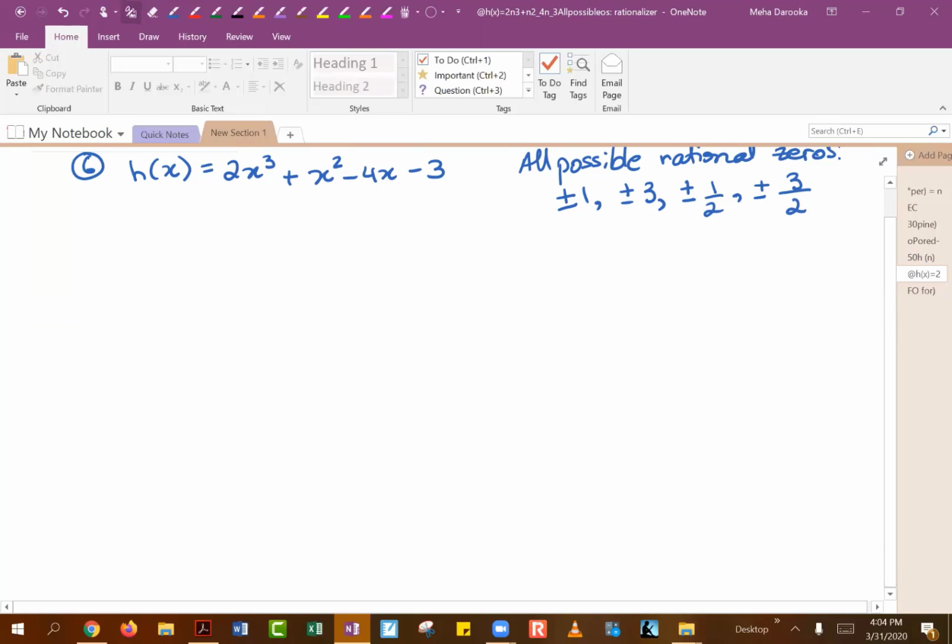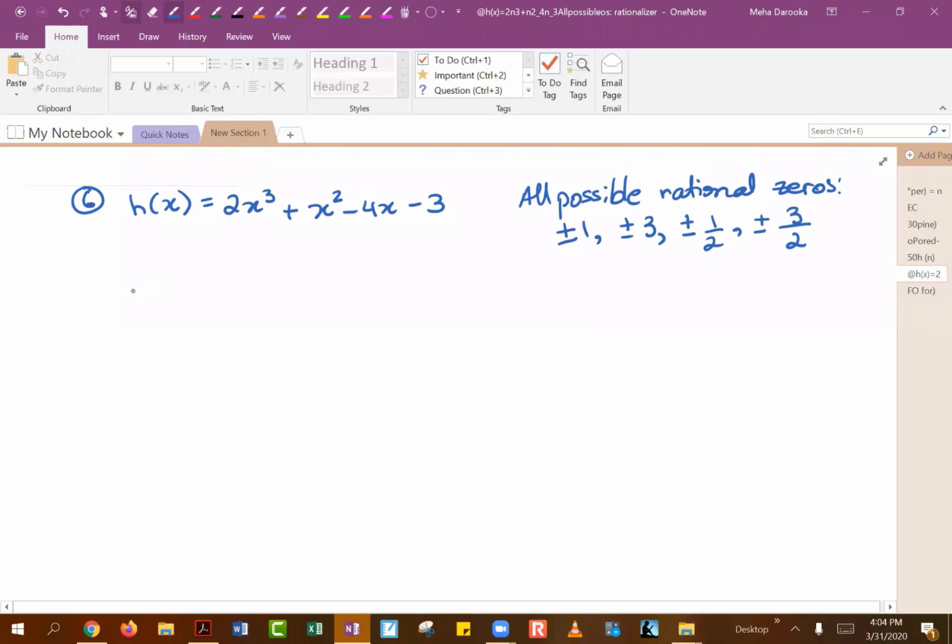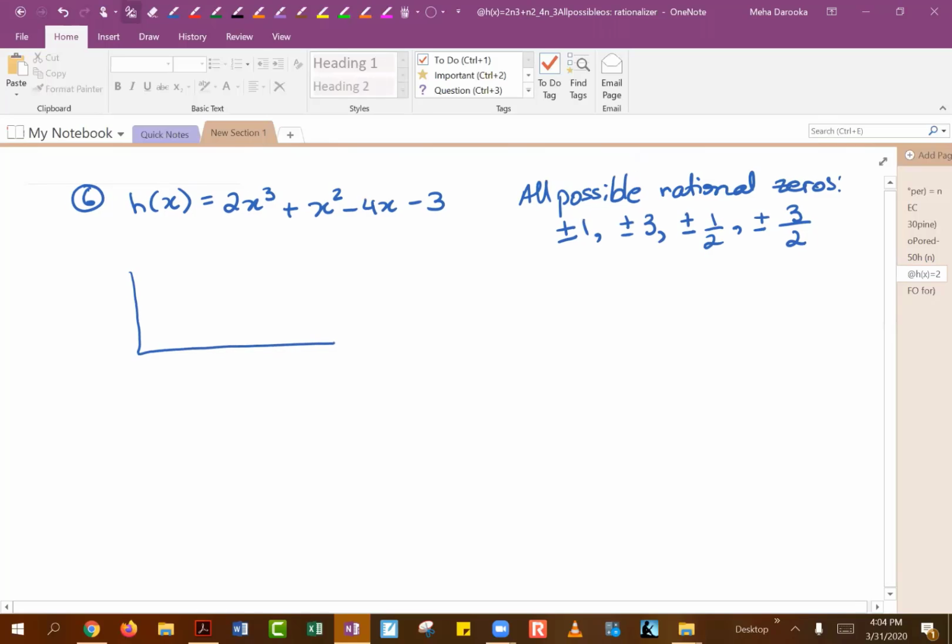So let me show you. We don't have any missing terms here, so that's good. We can start out with positive 1. I'm just starting with that first number, looking at the positive, and writing down the coefficients: positive 2, positive 1, negative 4, and negative 3 from our polynomial function. Remember, this first 2 comes down as it is.